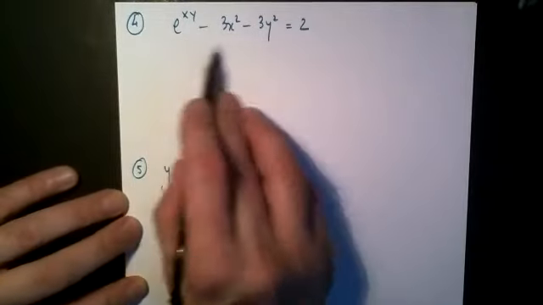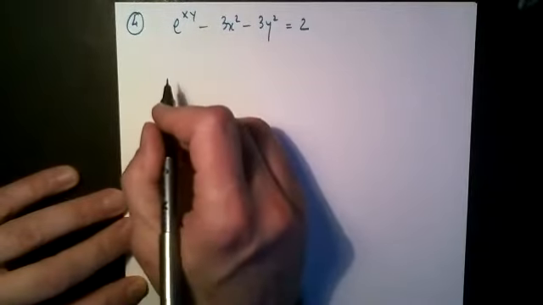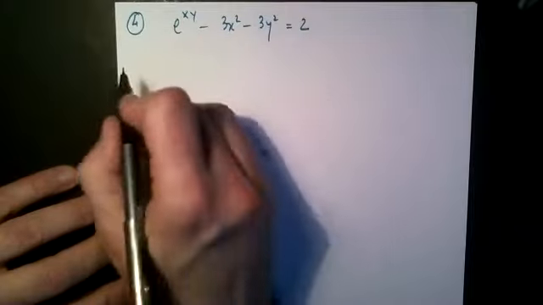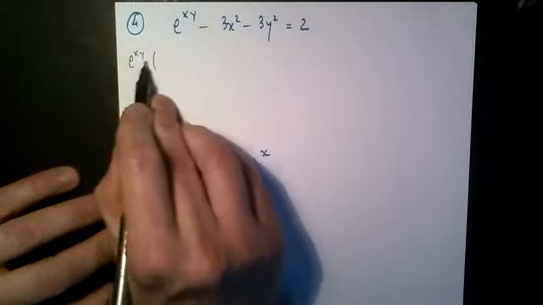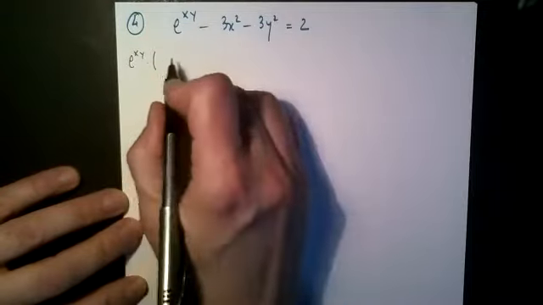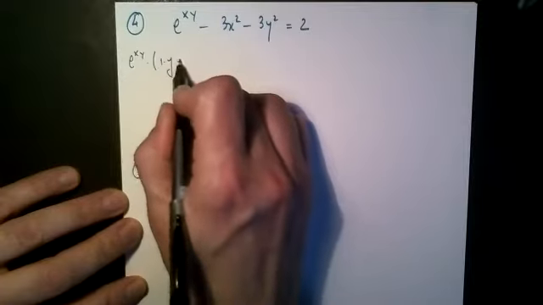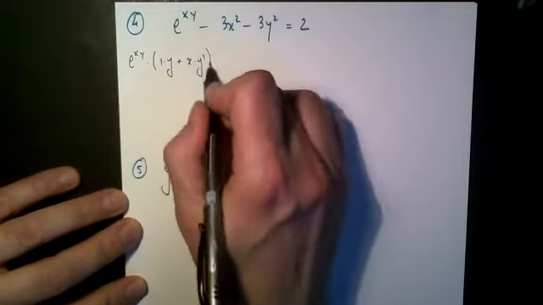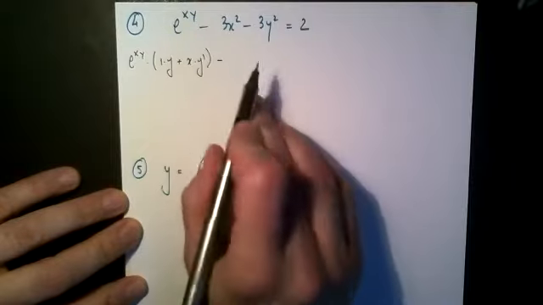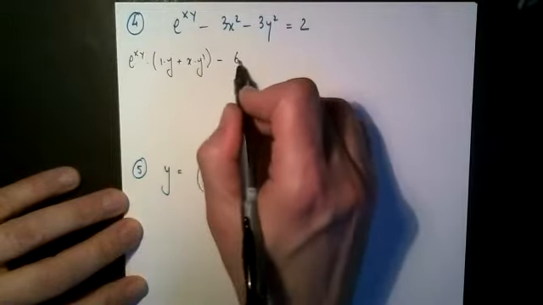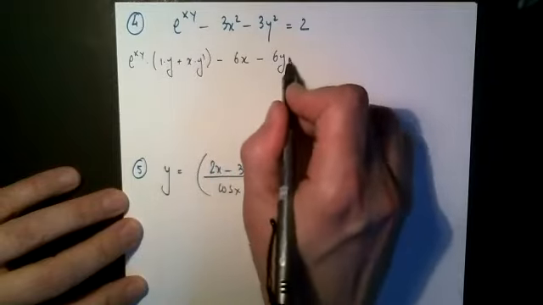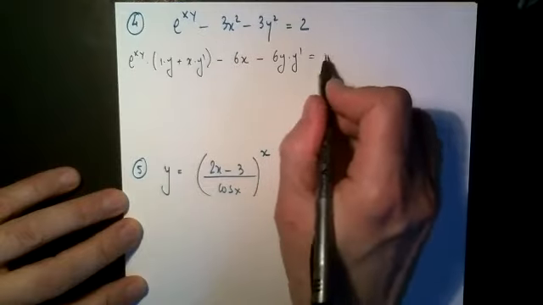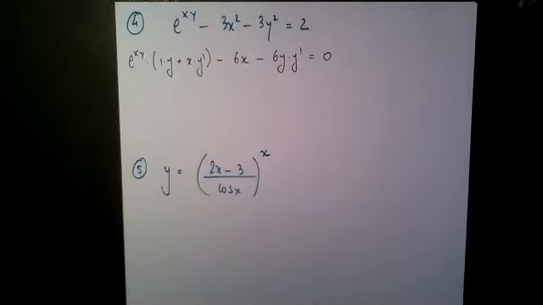Okay, so the first one, we have to do it implicitly. So the derivative of e to the xy is just e to the xy times the derivative of the exponent, which is a product rule. Okay, so 1 times y plus x times y prime, minus the derivative of 3x squared, which is 6x, minus 6y times y prime, and this is 0. Okay, and that's it.